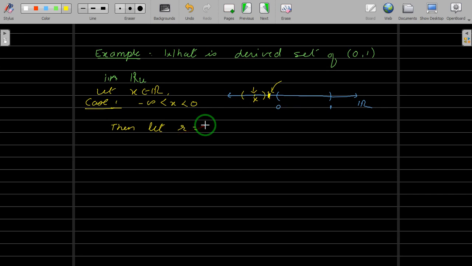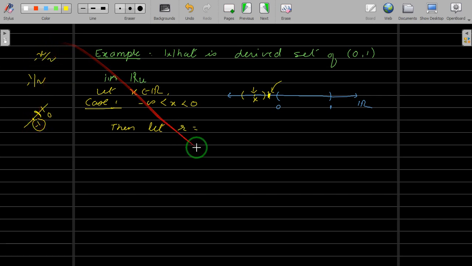Right, so what will be that R? This X is something, let us take a particular example. You have 0 here, and let us take X to be minus 1. What will be this R? Don't say minus 1 by 2, because that R is a positive number. Okay, so this X is negative, so we take minus X by 2.